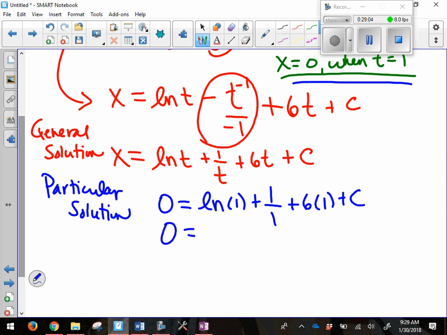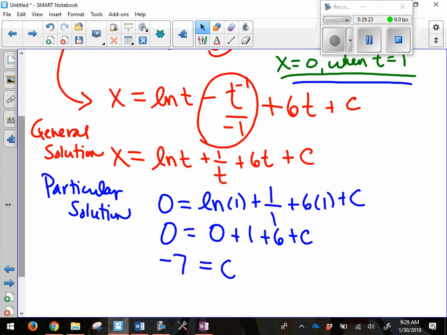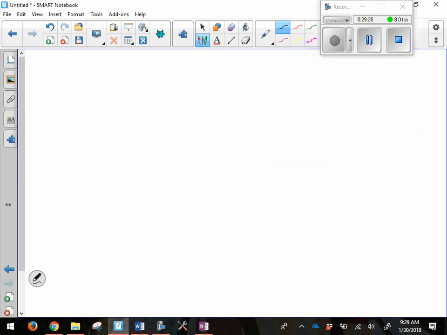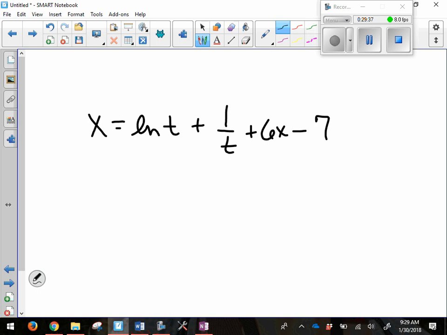And what's the natural log of 1? So I've got plus 1 plus 6 plus c. So what's c going to be equal to? Negative 7, right? So if I put it all together, I get x is equal to the natural log of t plus 1 over t plus 6t minus 7.